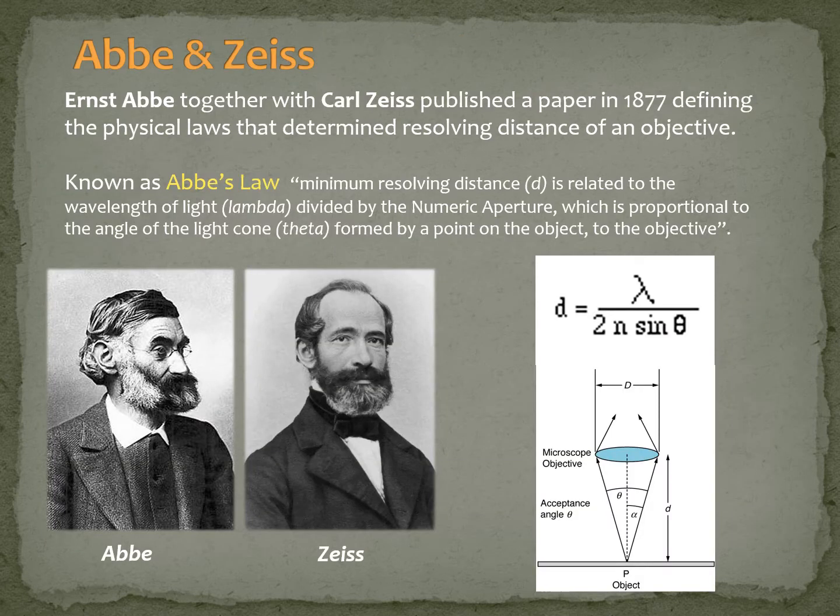It almost sounds like everything that had to be defined in optical microscopy was made in the 19th century. But in fact, the two other giants in microscopy, Ernst Abbe and Carl Zeiss, a name that is familiar to everyone, did seminal work in the construction of microscopes and in defining some of the rules to use microscopes.